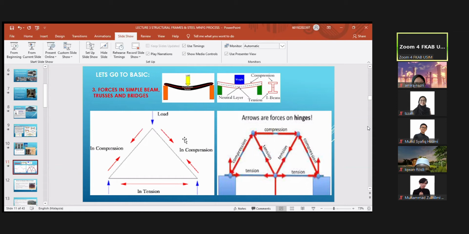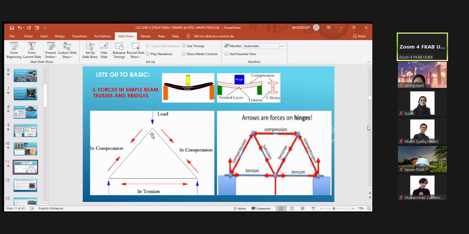Okay, for a frame structure like bridges and trusses, the triangulated frame trusses, when there's a load, these two members are in compression because the load is pressing.